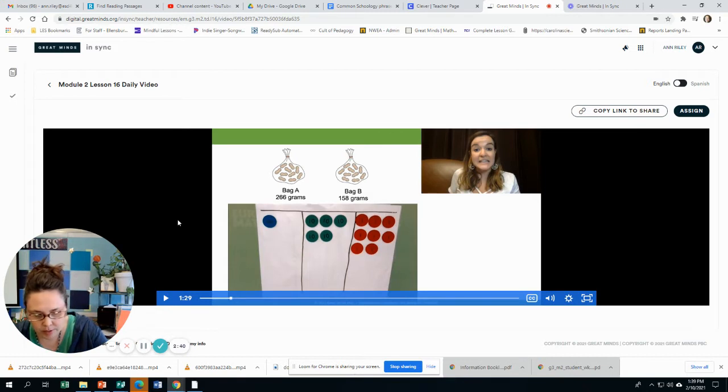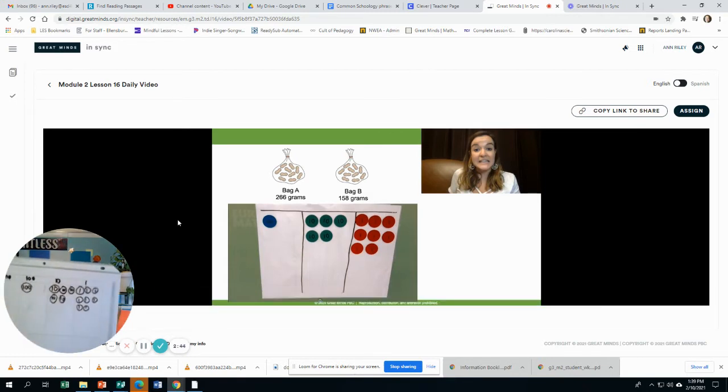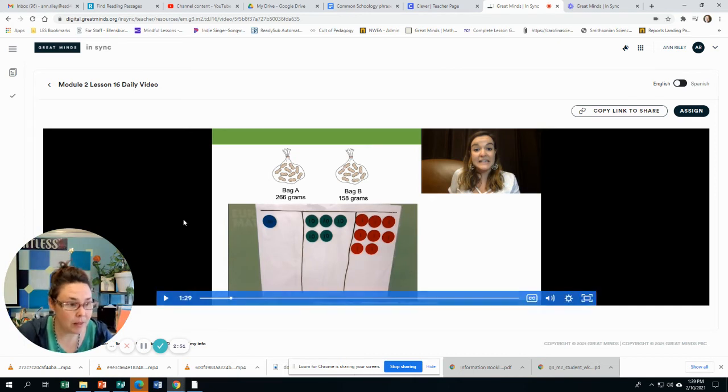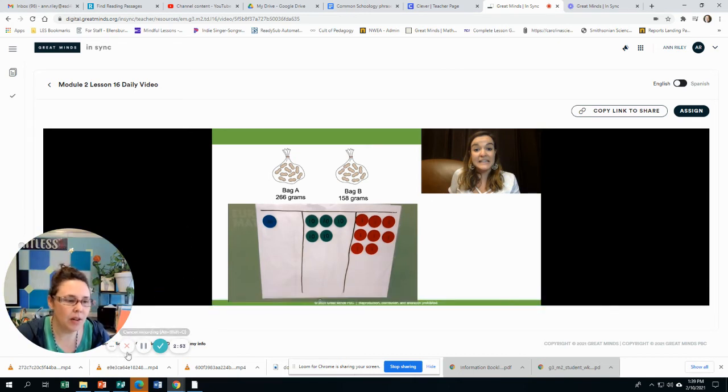So you might need to pause it to finish drawing your discs onto your whiteboard, but it's going to look something like that. All right, you can pause it now and get that done, and then start it up.